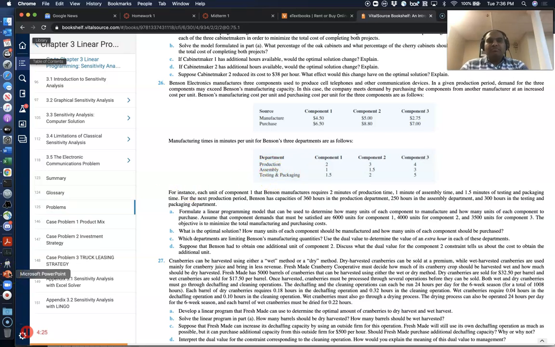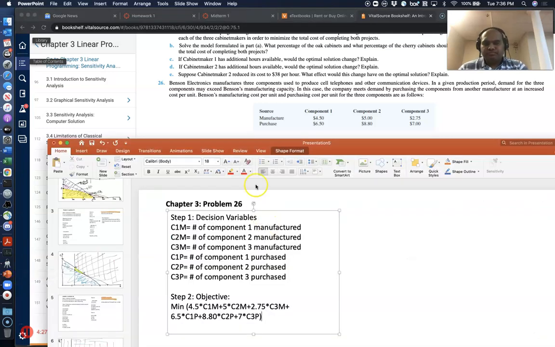So step 3 is constraints. Let's write the production constraint first.